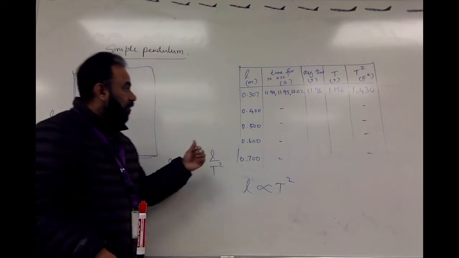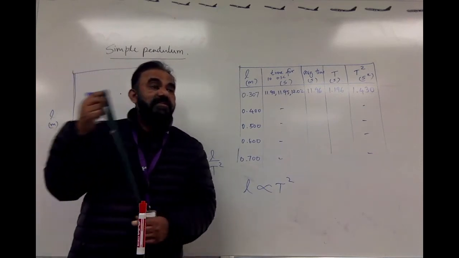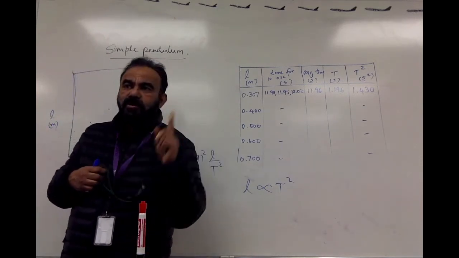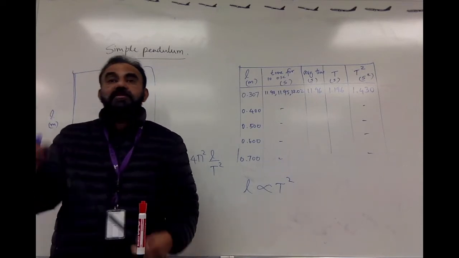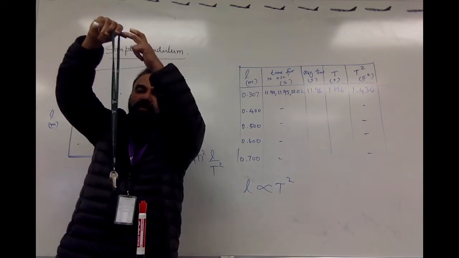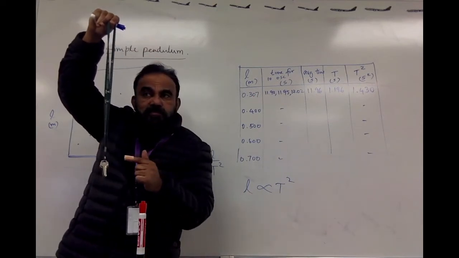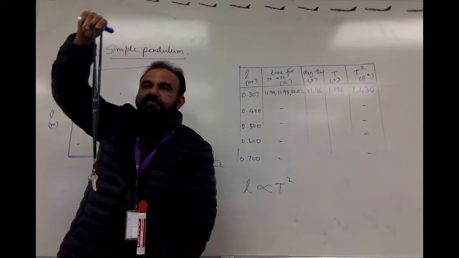Then there's another one called systematic error. What is a systematic error? A systematic error is an error that's coming into all your measurements the same way. Like the length of the pendulum. What did I say the pendulum's length is? From the point of suspension to the center of gravity. But instead, you always measure from the bottom.